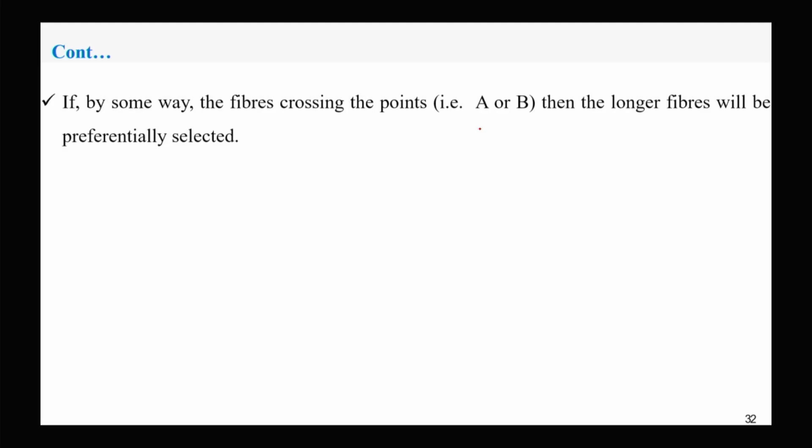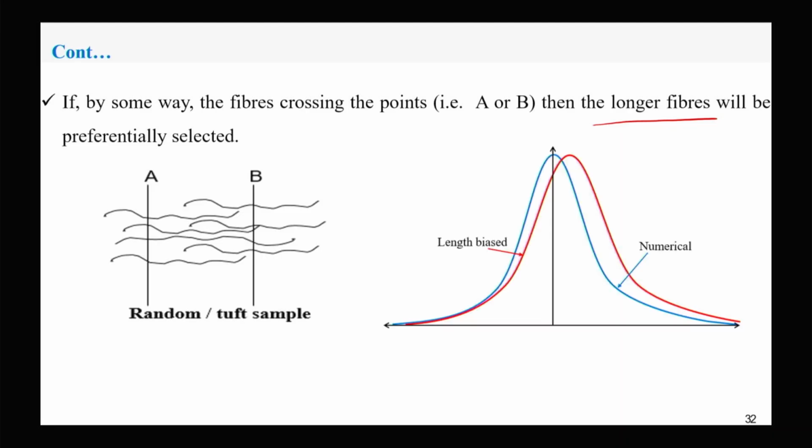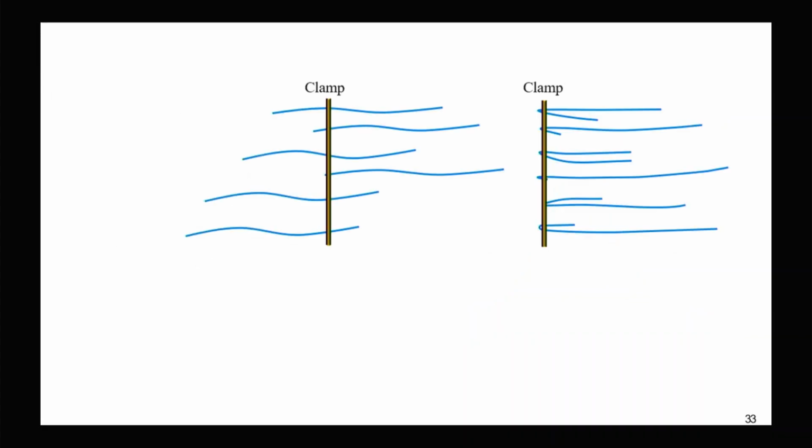So crossing the points, the longer fibers will be preferentially selected, and this will result in the length biased sample. So we prepare it using the Fibro sampling technique.